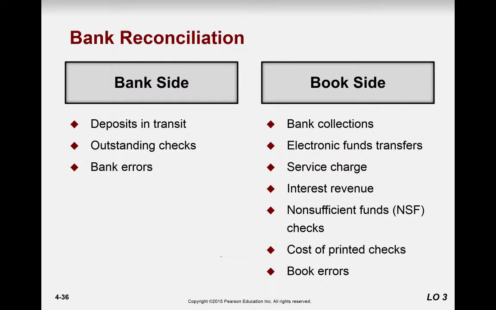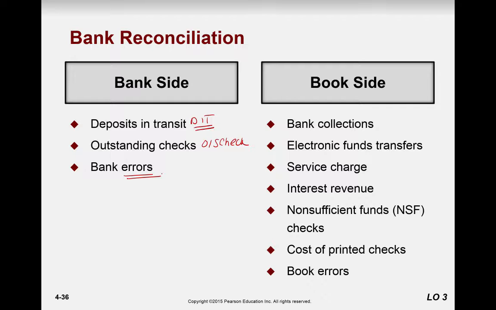You should have this in Excel in our format, and basically on the bank side you have deposits in transit, which basically represents what you actually have on your books but is not yet on the bank side, any outstanding checks, and any errors that the bank has made.